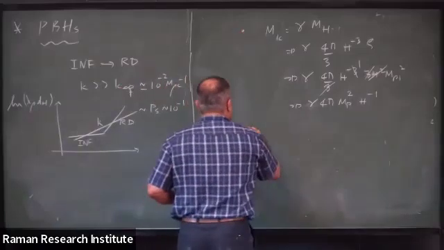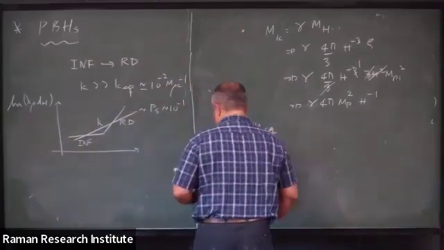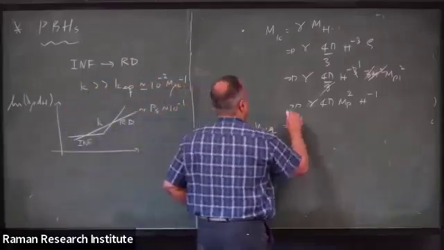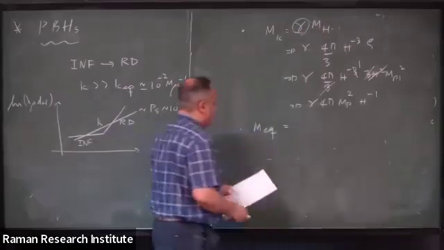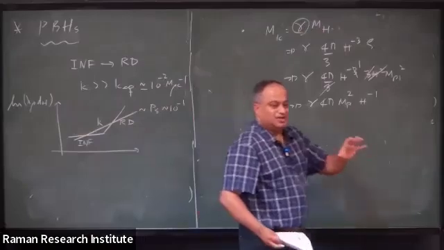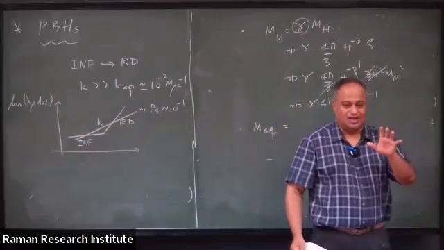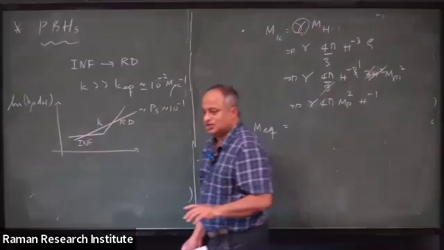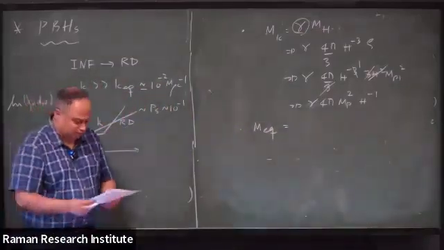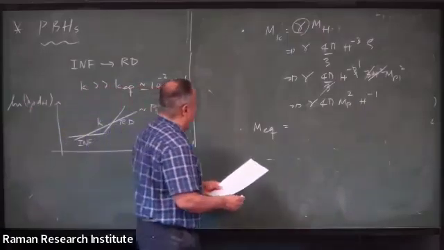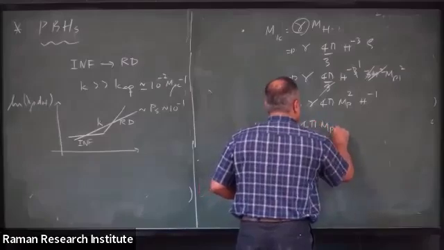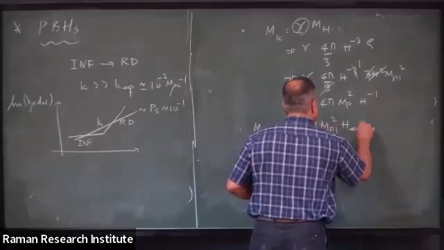And I'm going to compare with M_eq because I know exactly what it is. If I don't worry about gamma, that is the mass of the black hole. There is some uncertainty in the overall mass, and that is captured in this constant gamma. Otherwise, the mass within the Hubble radius collapses to form a black hole. And M_eq is just 4 pi M_PL squared H_eq inverse.